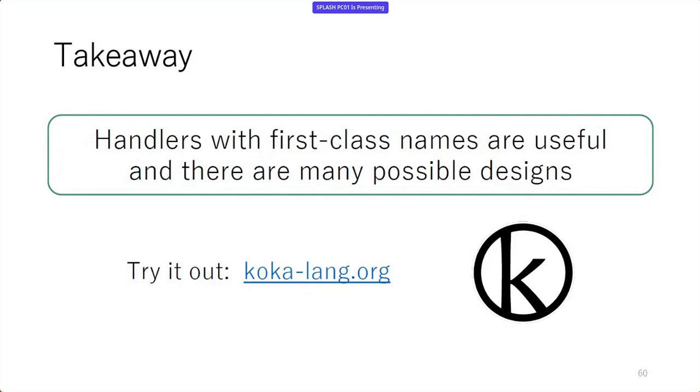Sam? There seem to be some clear similarities between what was going on in this talk and in the previous talk. I wonder if you have any thoughts on the relationship, for instance, between the evidence passing style and the capability oriented architecture, and the relationship between named handlers and this notion of lexically scoped handlers.